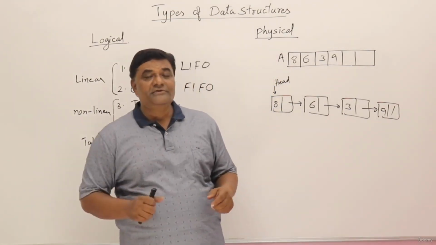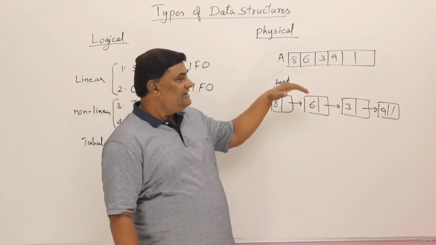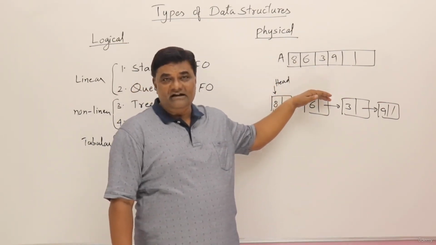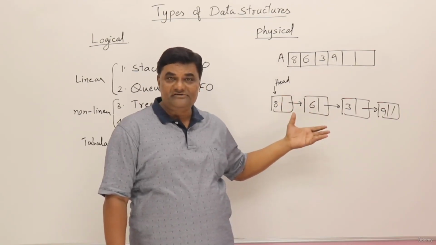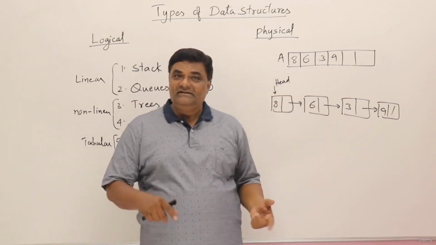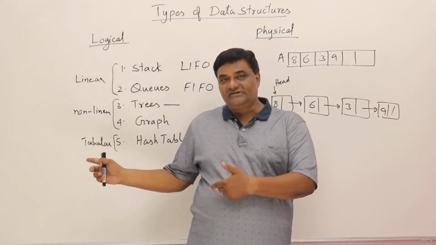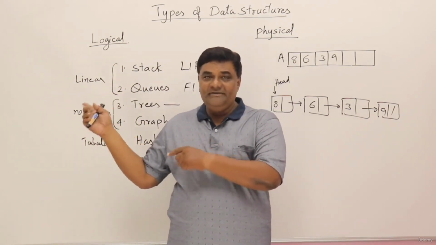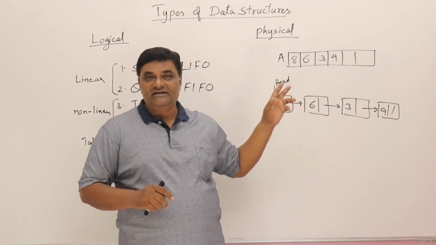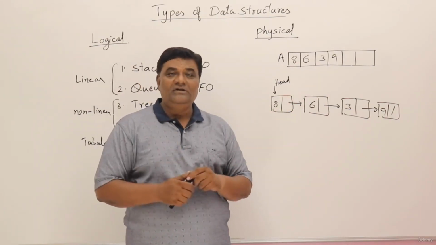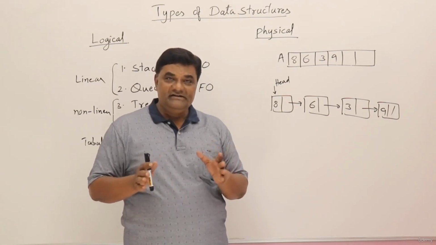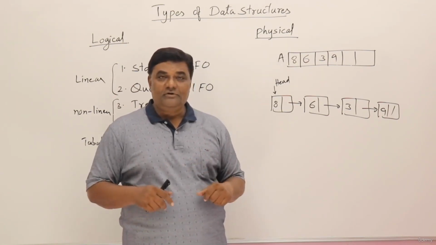So in our course, we will be first learning in detail about arrays and linked list data structures. We will implement them. We will write the programs for these. Then we'll start learning about these data structures. Every data structure we will implement using array as well as linked list. So in the next video, I'll explain what is ADT and what are the various types of lists.